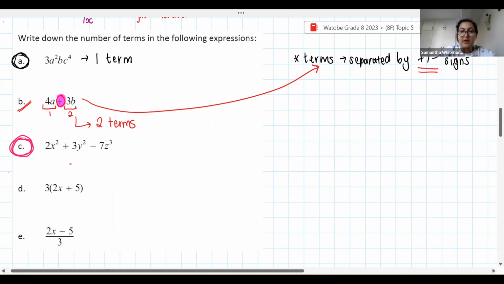Okay, grade 8, I'm asking you how many terms does expression C have? We've done B, we've said B is two terms. We've done A, we've said A is one term. So I would like to know how many terms are in expression C. There we go, my people. I see nice answers. Yes, guys. I think the internet is a little bit slow.